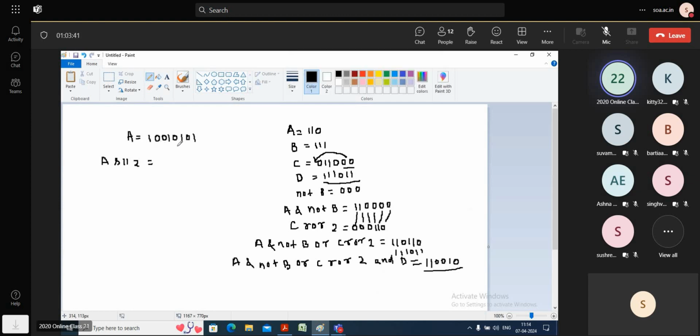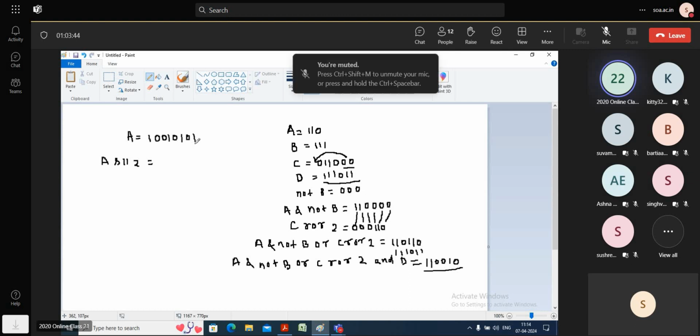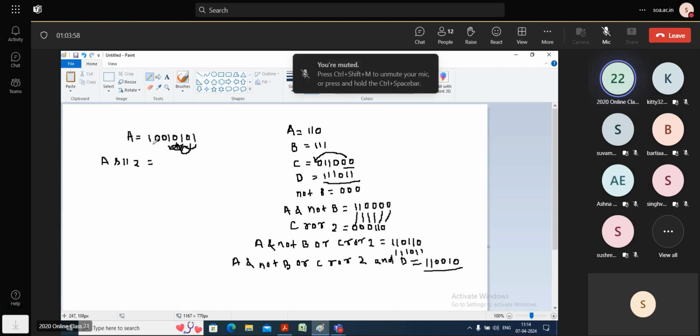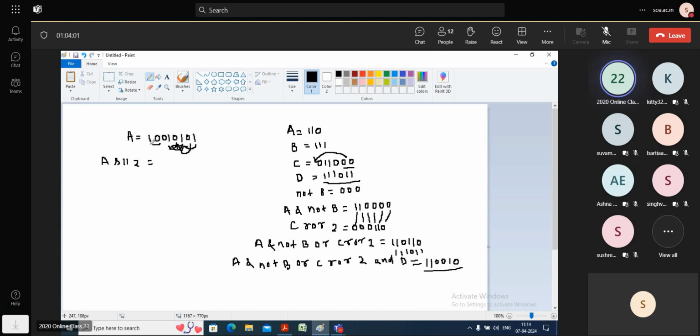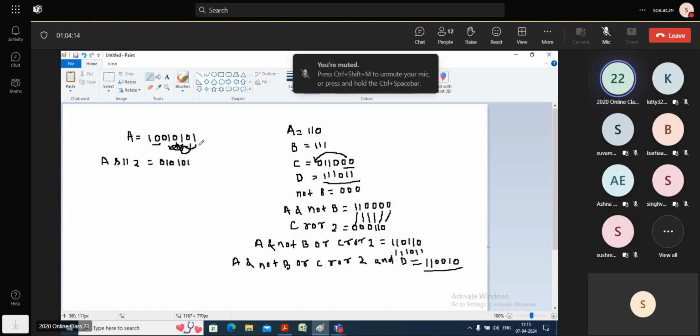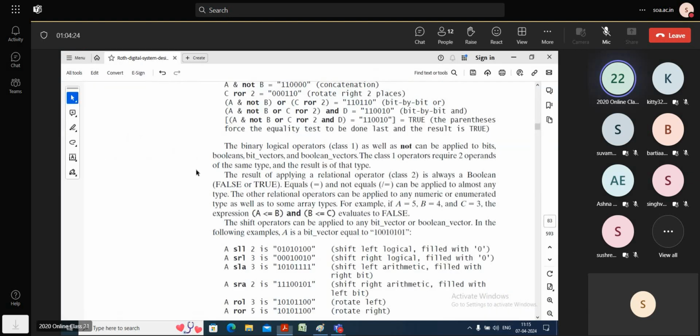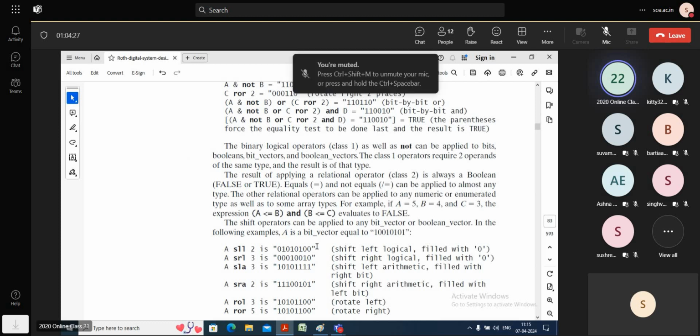All these bits will be shifted by 2 positions. In this process the leftmost two bits, 1 0, will go away. What remains after this 1 0 is 0 1 0 1 0 1. Then the rightmost 2 bits you fill with 0. So that is 0 1 0 1 0 1 0 0. That is shift left logical.